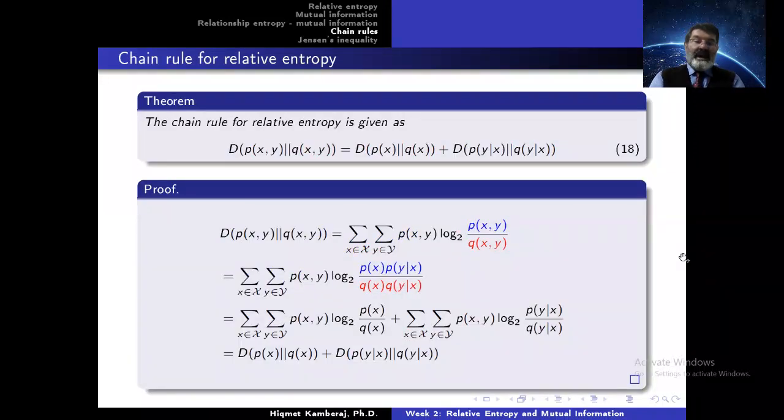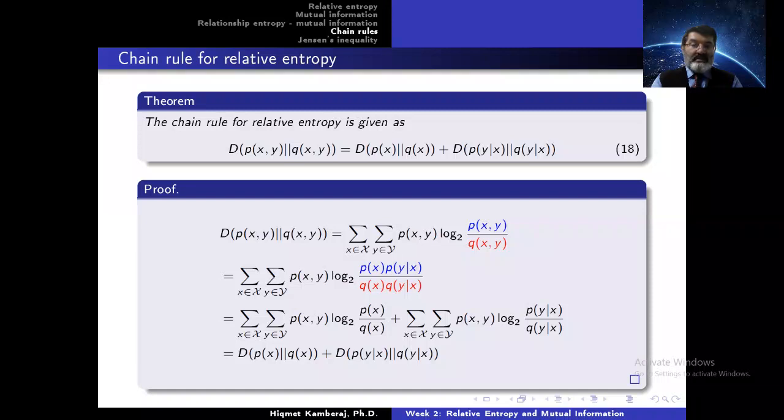Now we can arrive at the so-called chain rule of relative entropy. The theorem says like this: the chain rule for relative entropy is given as the relative entropy between the joint probability mass functions p and q.